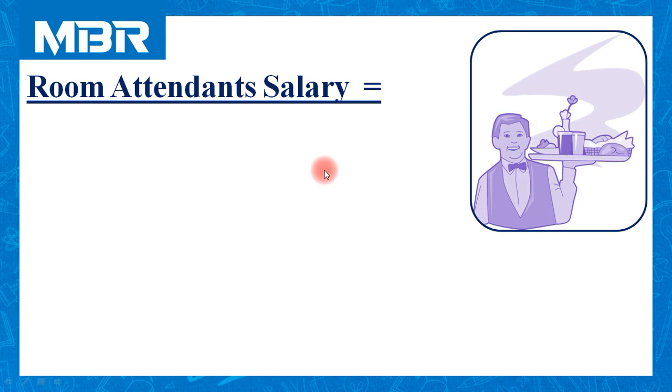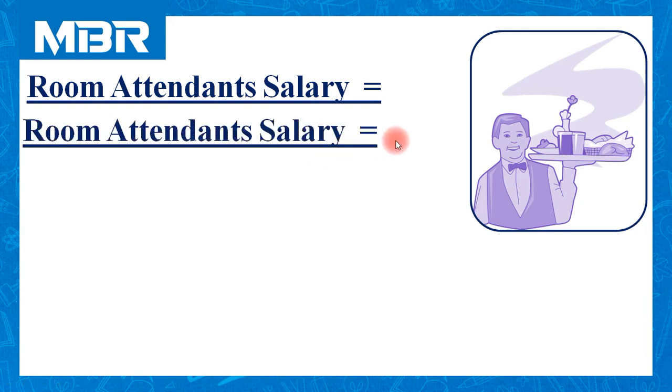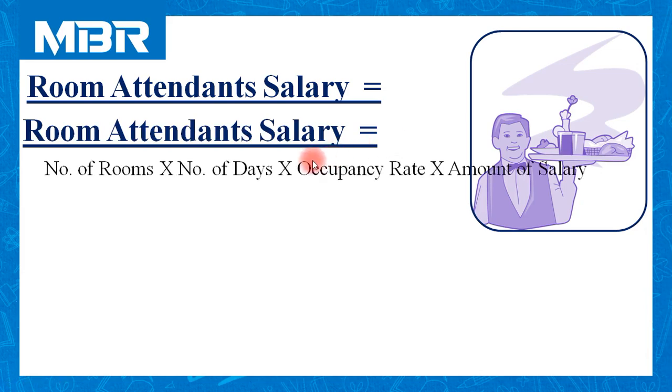So first of all, just recall the formula: number of rooms multiplied by number of days multiplied by occupancy rate multiplied by amount of salary.